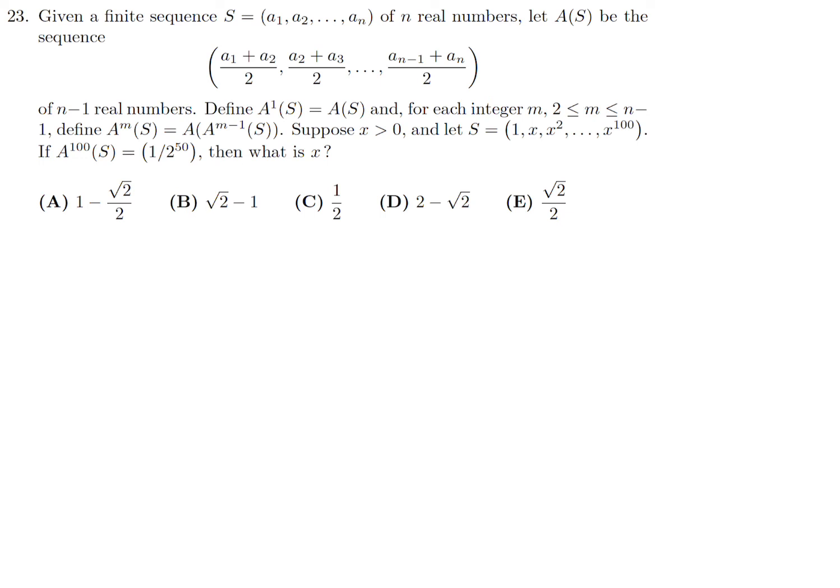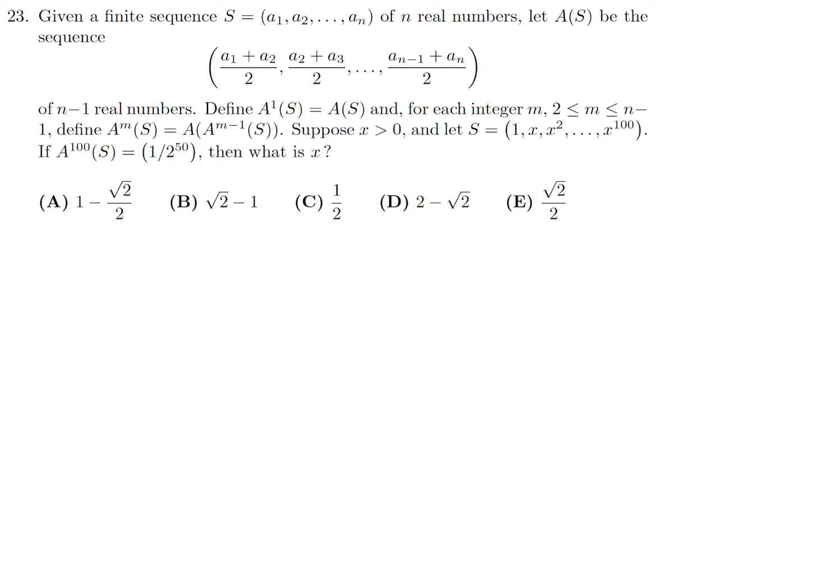Given the finite sequence S equal to A1, A2, all the way till AN of n real numbers, let AS be the sequence A1 plus A2 over 2, A2 plus A3 over 2, all the way to AN minus 1 plus AN over 2 of n minus 1 real numbers.